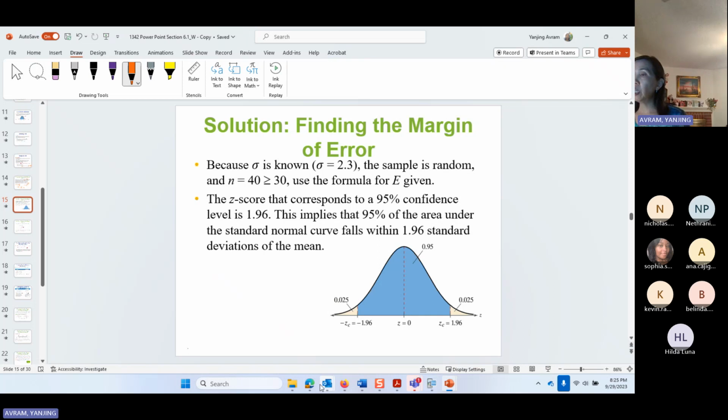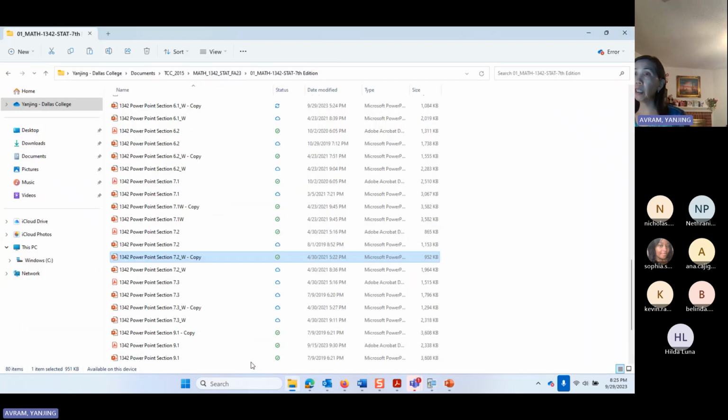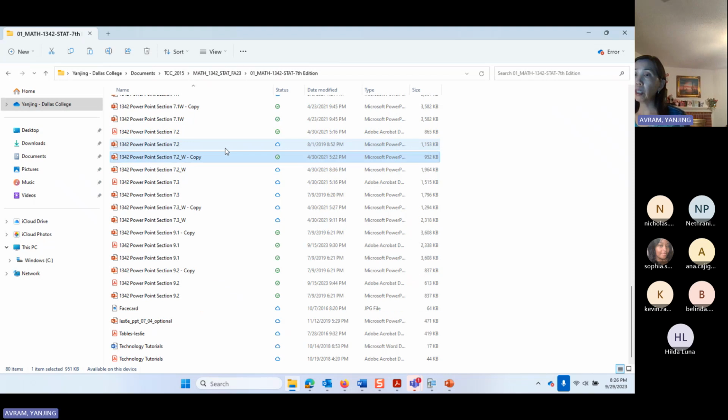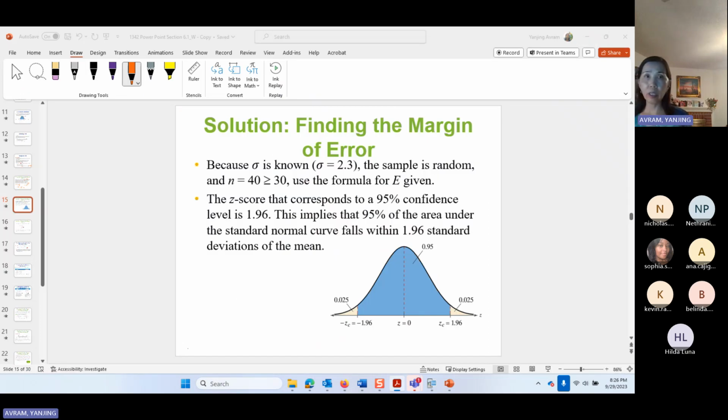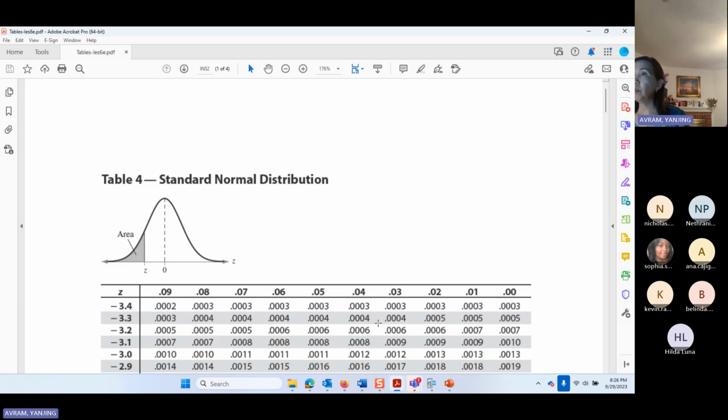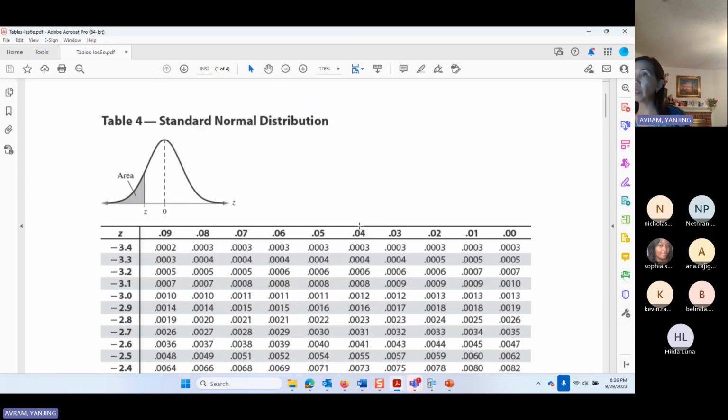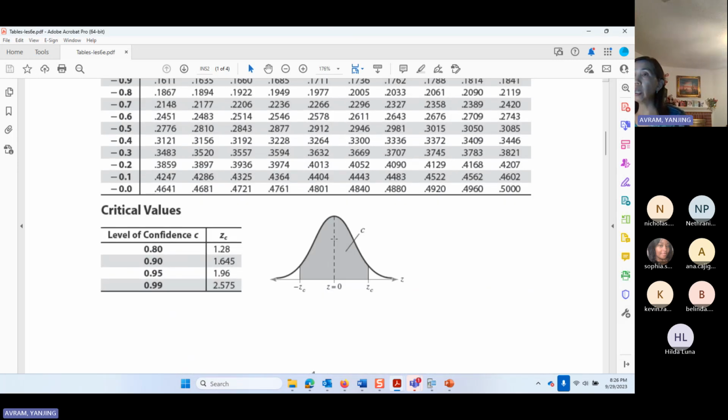All right, let me go ahead and open the table in here. If you look at the table, which I think I posted somewhere in there, if not, I can repost it again. You have a z-score, and in here you have the critical value. Look at it. These 4 levels are the most popular or the most commonly used confidence levels.